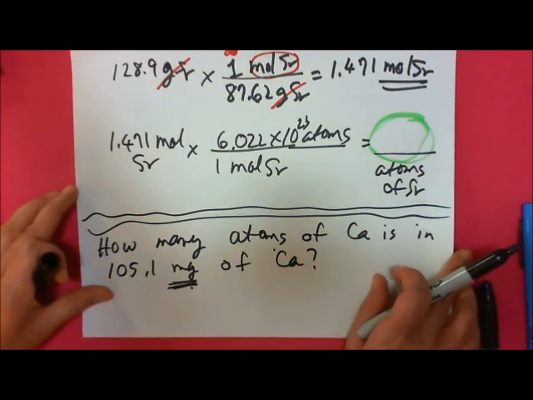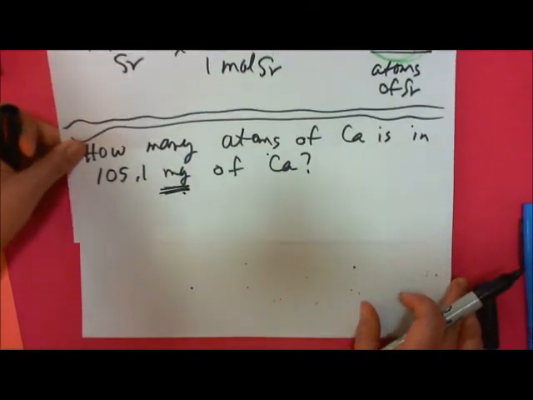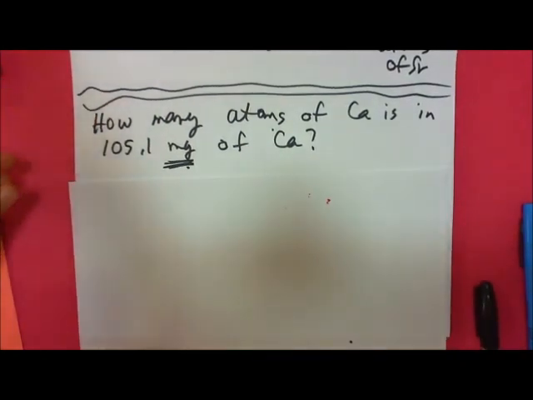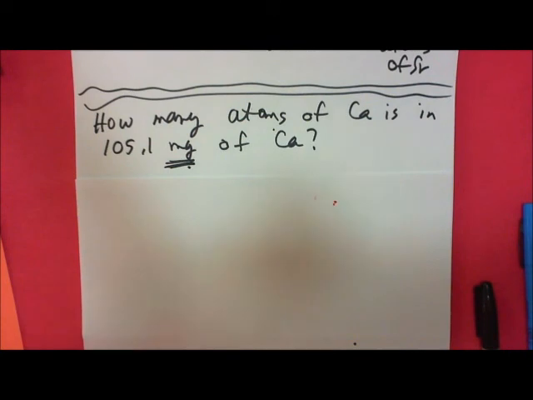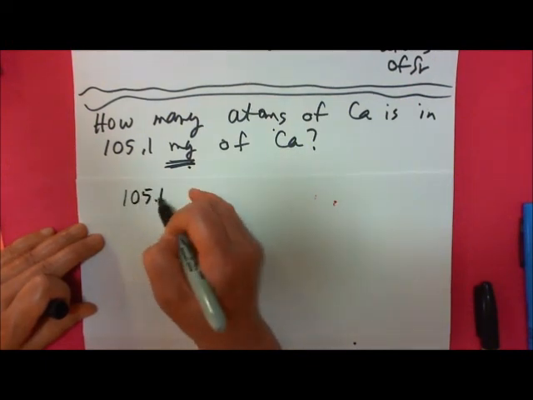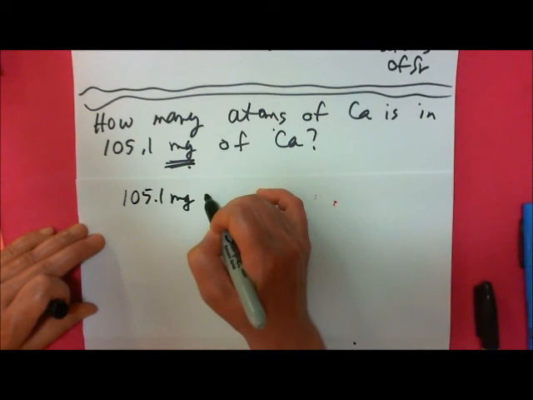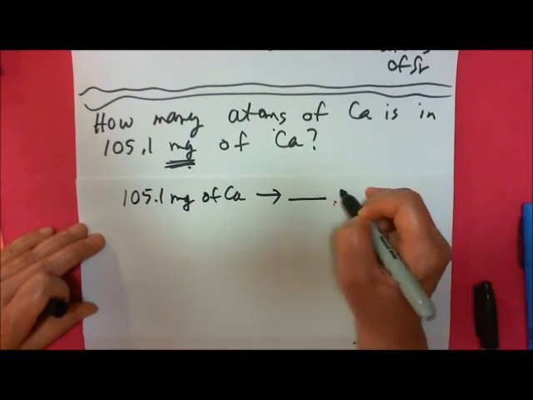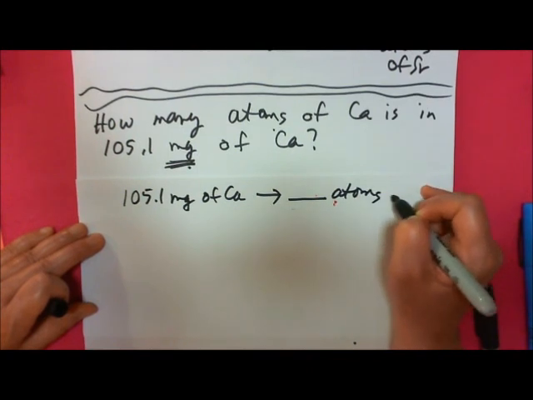So when you're faced with a problem like this, what you want to do is write down everything you know, and then think to yourself what kind of conversion factors you might want to use to go from one to the other. Alright, so what we're trying to do overall is go from 105.1 milligrams of calcium to atoms of calcium.